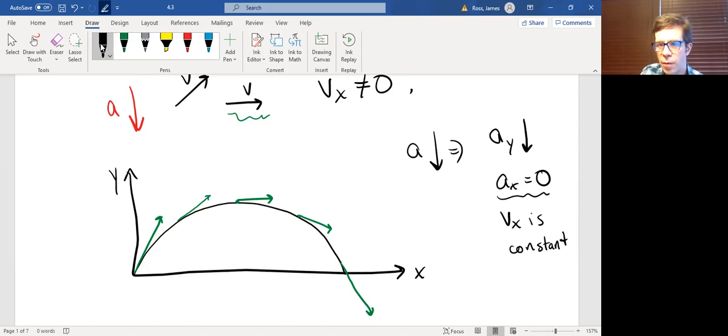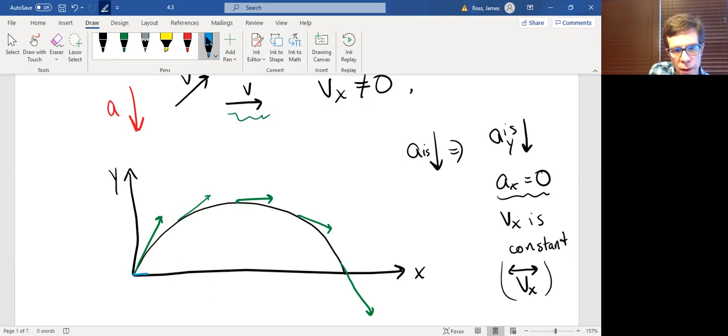If you ever see me use this notation, a double-sided arrow over a value, it means that value is constant. All right. So if Vx is constant, then all these blue arrows I'm drawing are the same length. Right? Vx doesn't change.